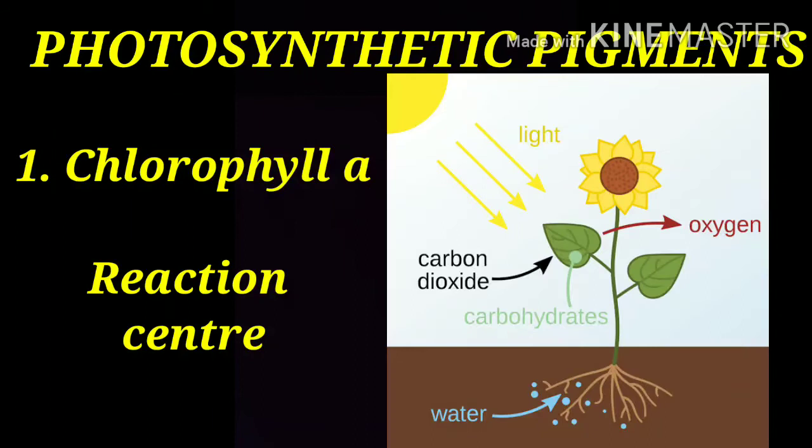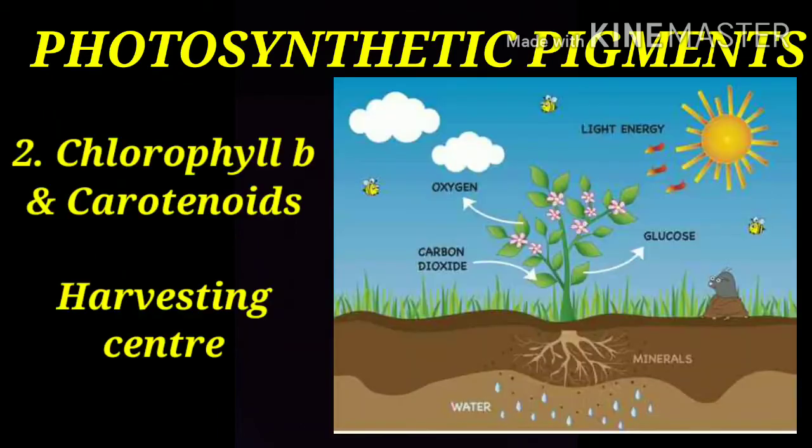First, chlorophyll A is the primary pigment that traps solar energy from the sun and converts it into electrical and chemical energy. So it is called the reaction center. Second, the other pigments, chlorophyll B and carotenoids, are called the accessory pigments as they pass on the absorbed energy to chlorophyll A molecule.